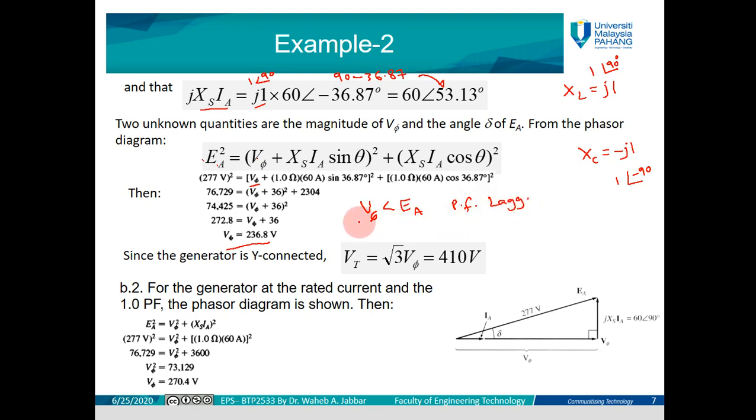Okay, so this is the first part, I mean, part B of the question, of the example. So this V phase that we found is for the phase. If we want to find the terminal voltage, we said V phase equals V terminal over Z3, or V terminal equals Z3 times V phase.